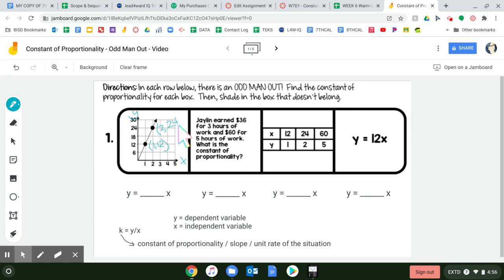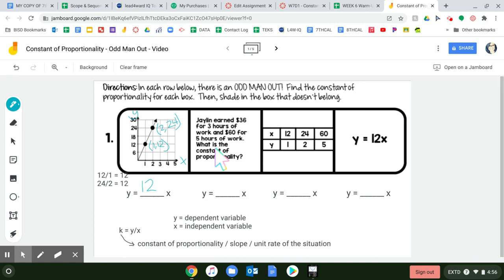And so for each of these, if we take our y divided by x, 12 divided by 1 is 12. 24 divided by 2 is also 12. So our constant of proportionality here would be 12. So y equals 12x. That would be your equation.